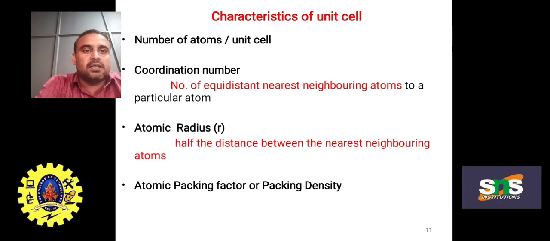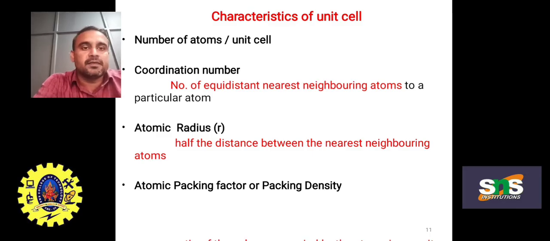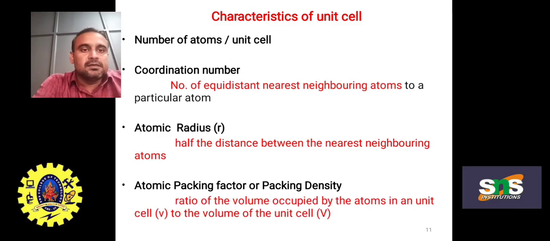It is defined as half of the distance between any 2 nearest neighbor atoms. And then finally packing density or atomic packing factor. So atomic packing factor is the volume occupied by the atoms divided by the total volume of the unit cell. So small v divided by capital V.